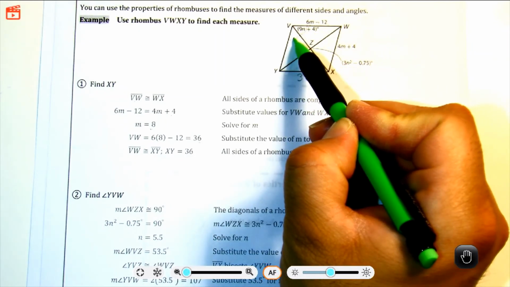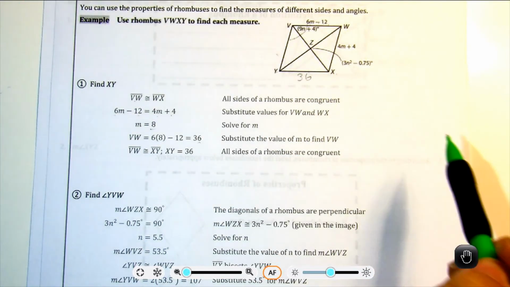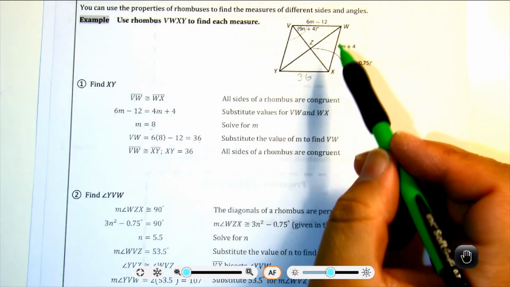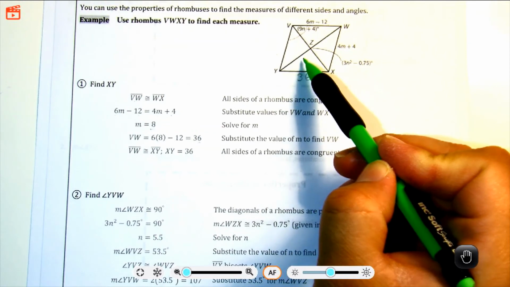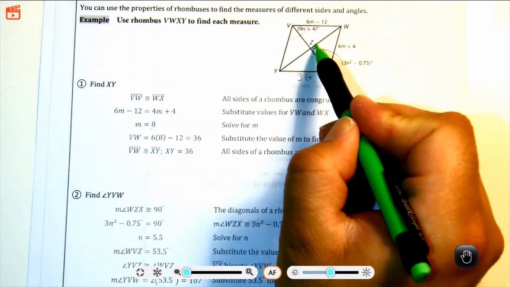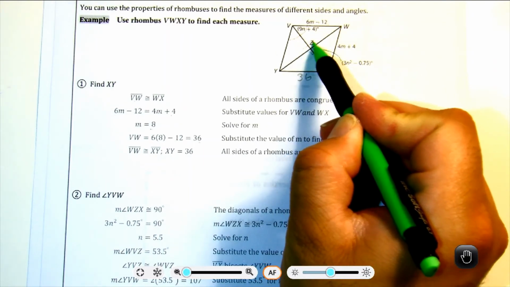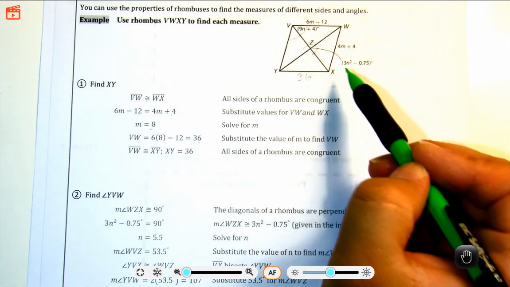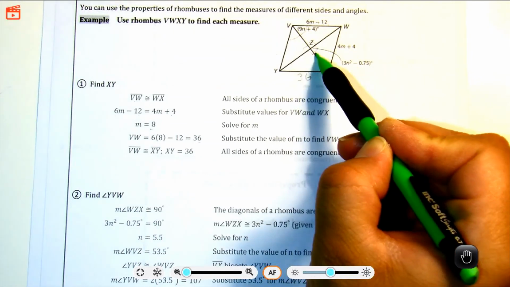To start off, what we're saying is that the diagonals of a rhombus are perpendicular. So remember that perpendicular means that they form right angles. And knowing that, I could set this angle, 3n squared minus 0.75, equal to 90 degrees. And that's what they did right here.